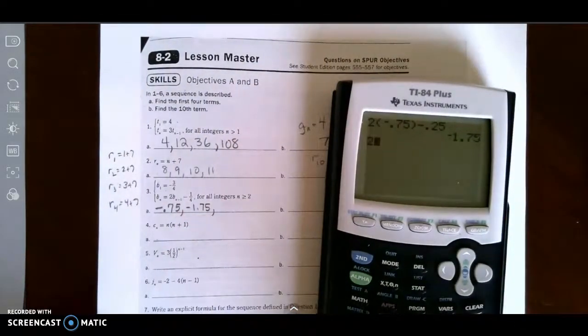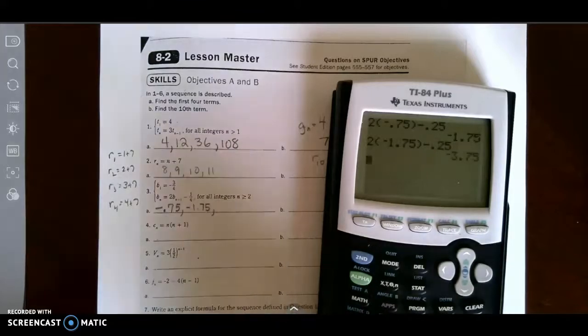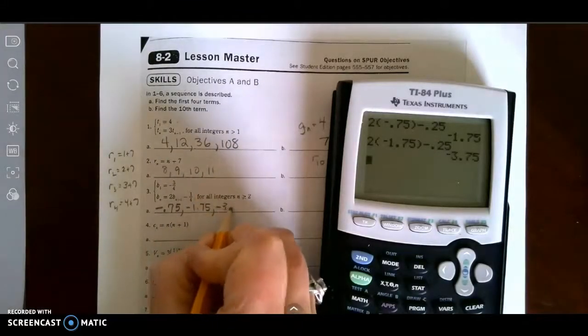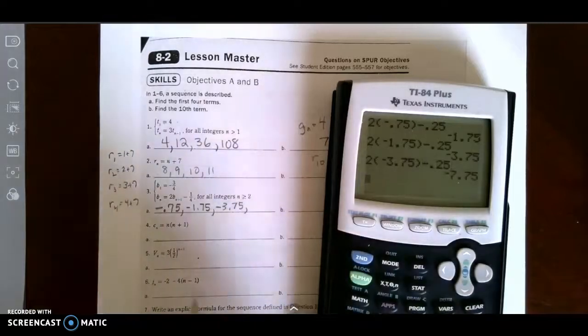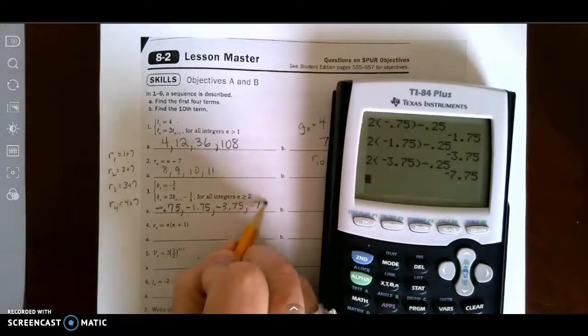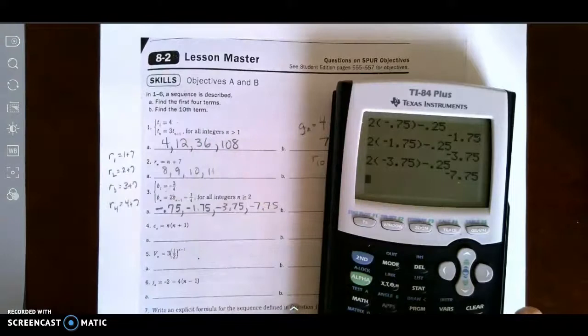Right, I've got to take 2 times the negative 1.75 and subtract a quarter, and I get negative 3.75. Take 2 times the negative 3.75 and subtract a quarter, and I get negative 7.75. And I can keep doing this until I get to my 10th term.